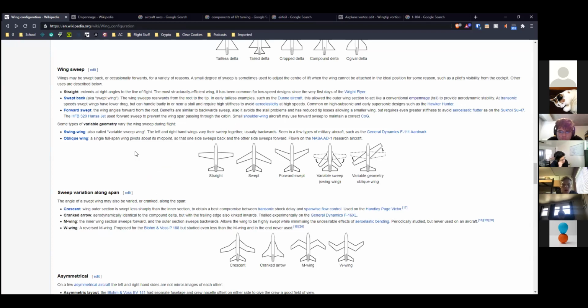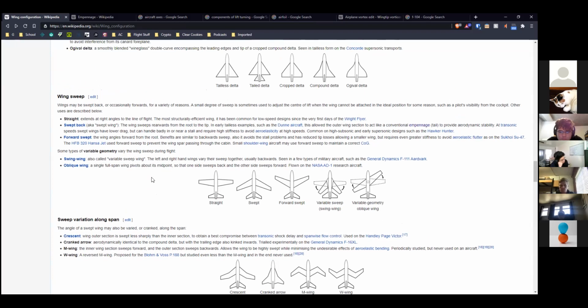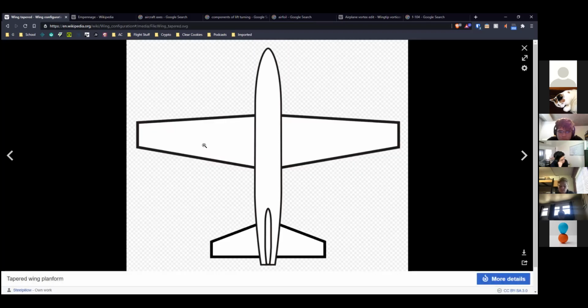For structural reasons, sometimes it can still help to have a tiny bit of sweep. Usually it's not that you're trying to add sweep, it's just that you want to add taper.